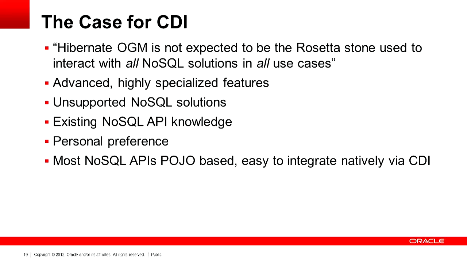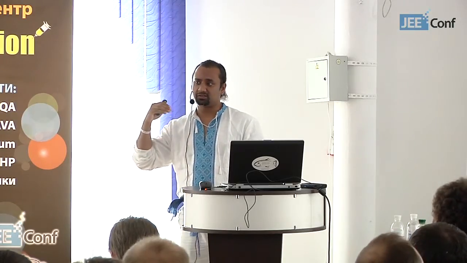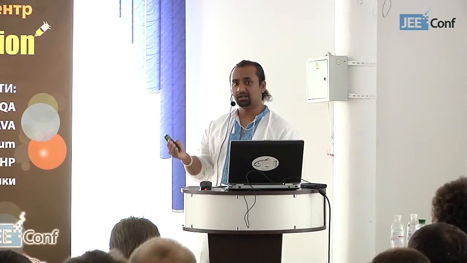When you're using JPA to use these NoSQL databases, what you lose out on is the very, very advanced, highly specialized features that each of these data stores have, right? The JPA-based solution is good enough to cover the 80% use case, but there's still that 20% that relies on these very advanced features.